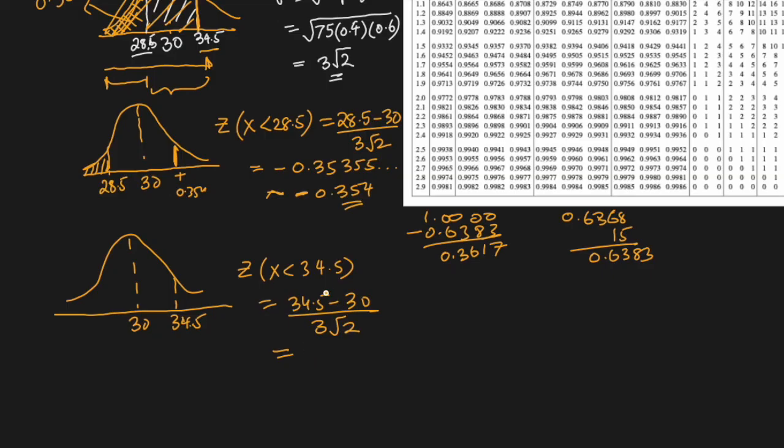So it will be 4.5, which was minus 1.5. So 3 times this will be 1.0609. Okay, let's say 1.061. 1.061 is the z score for 34.5, and the table will give us the probability of less than that.